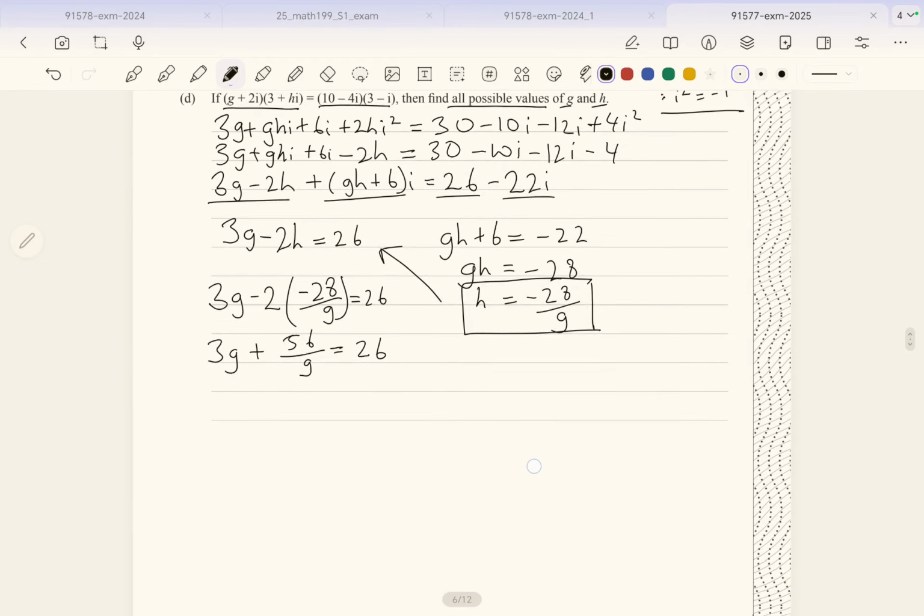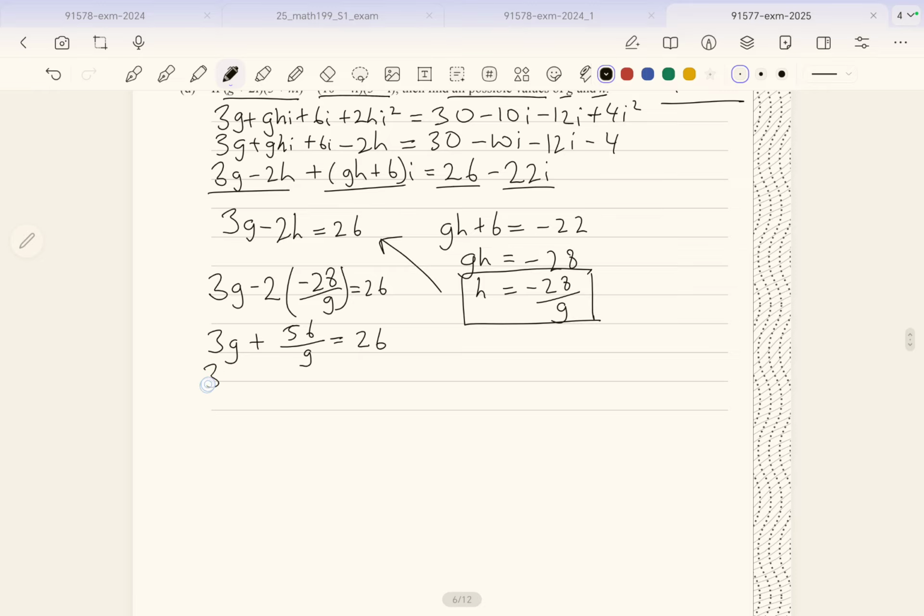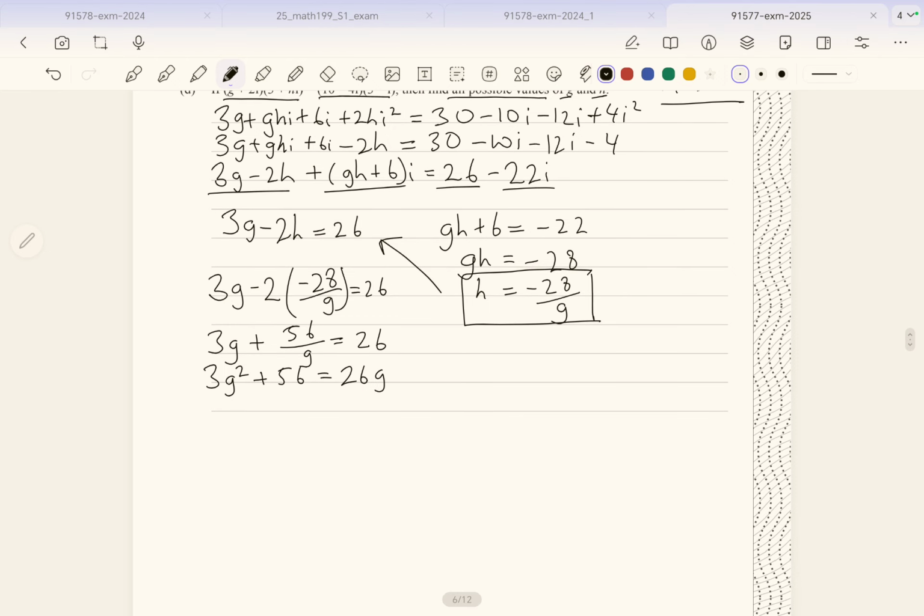Now I want to multiply everything by g, which gives us 3g squared + 56 = 26g. Rearranging it into quadratic form gives us 3g squared - 26g + 56 = 0.